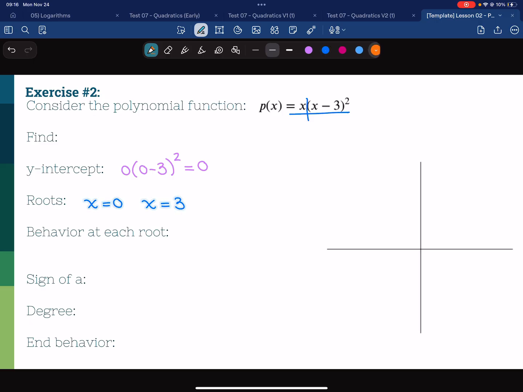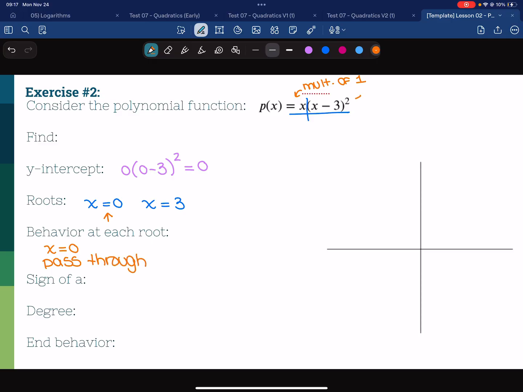So remember that x equals 0 has a multiplicity of 1. It's got that 1 degree there, so we know at x equals 0, it's going to pass through. And what I mean by pass through, I mean to pass through that x-axis there.